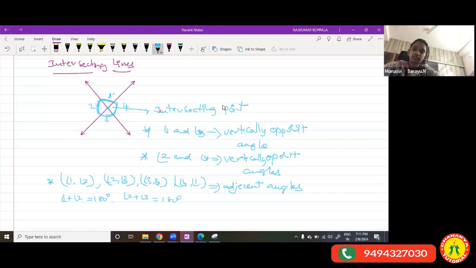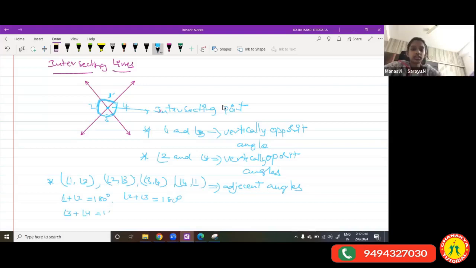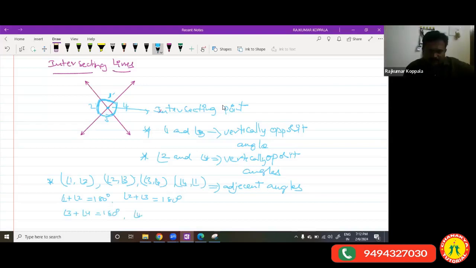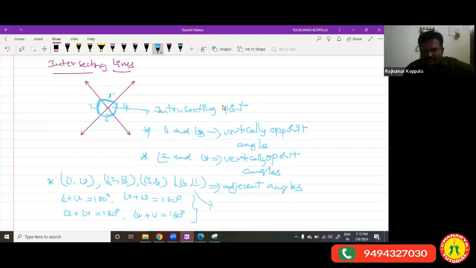Angle 3 plus angle 4? 180 degrees. Next, angle 4 and angle 1? 180 degrees again. So all these angles are also called linear pair angles.